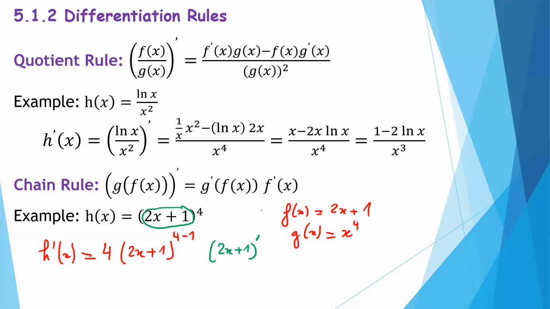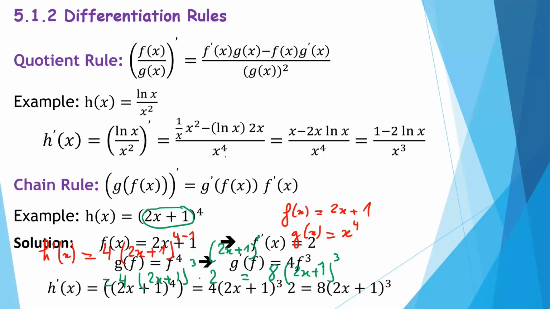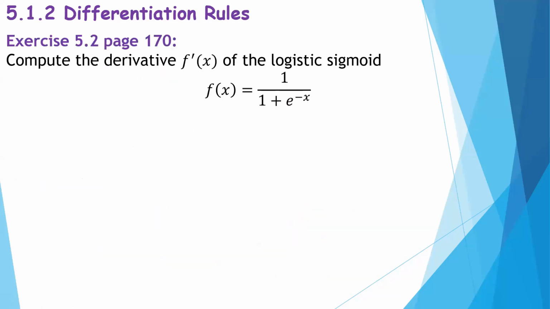This is 4 times 2x plus 1 cubed times 2. So finally it's 8 times 2x plus 1 cubed. This is called the chain rule, for a composition of functions. You have already studied that, just try to refresh.